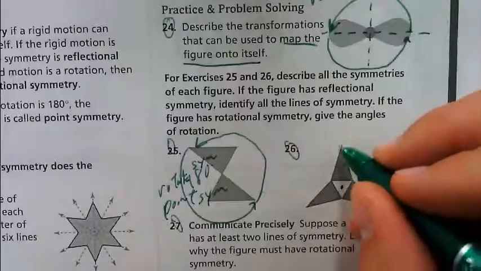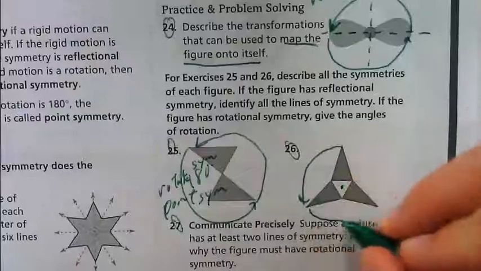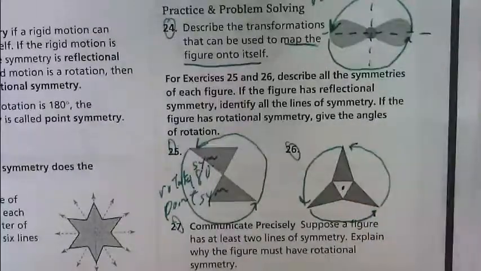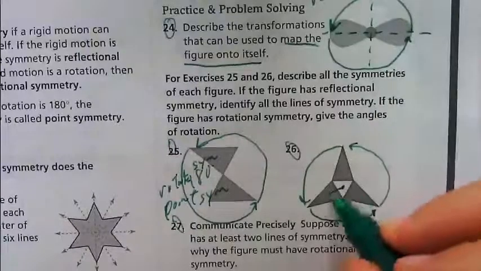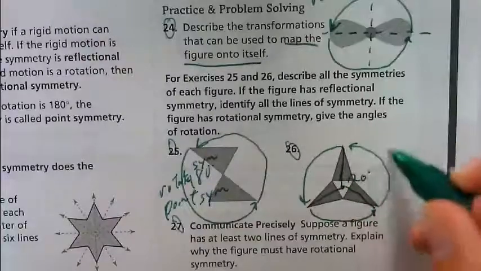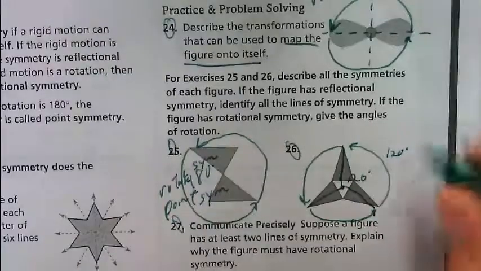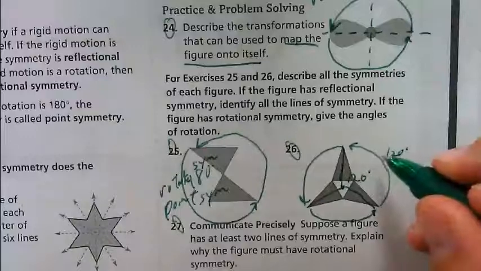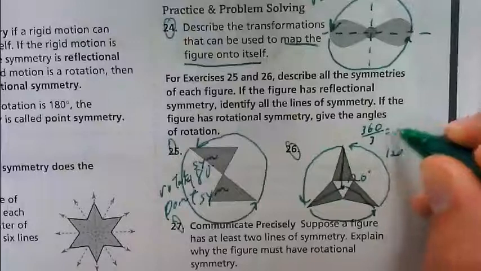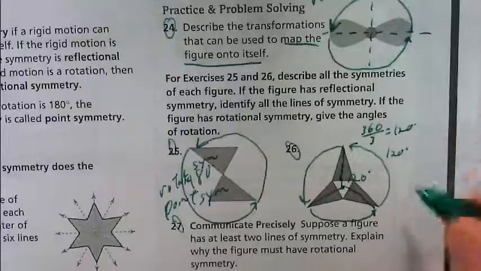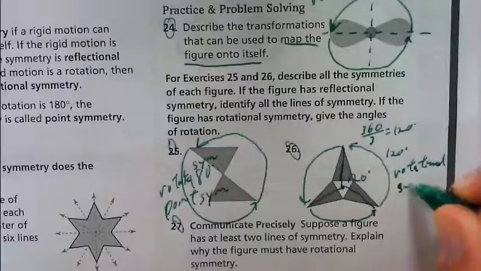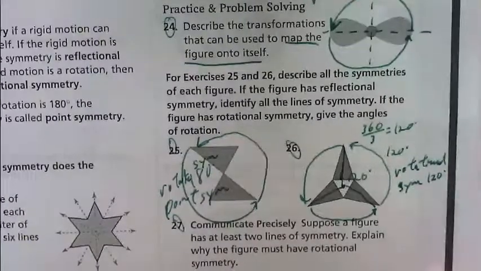All right, on this one, if I rotated it, does this one also have rotational symmetry? Yeah. What's the angles there? 120. All right. Again, you can rotate it 3 times. 360 divided by 3 equals 120. So again, it has rotational symmetry of 120.